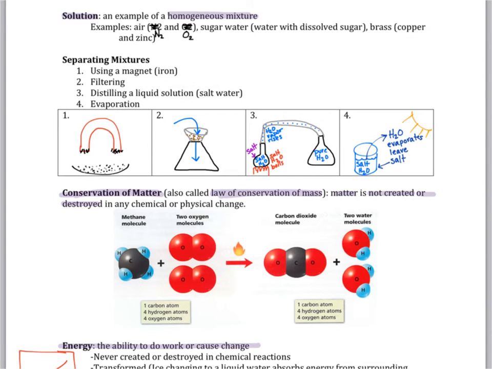Using this last example of evaporation as an example, it's important to note the concept of conservation of matter. You'll also hear it referred to as the law of conservation of mass. In this law, matter is not created or destroyed in any chemical or physical change.